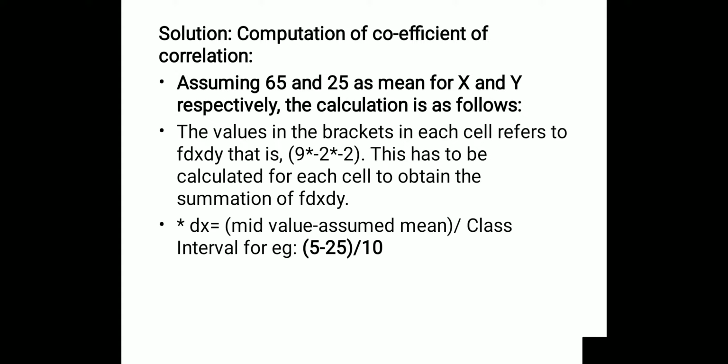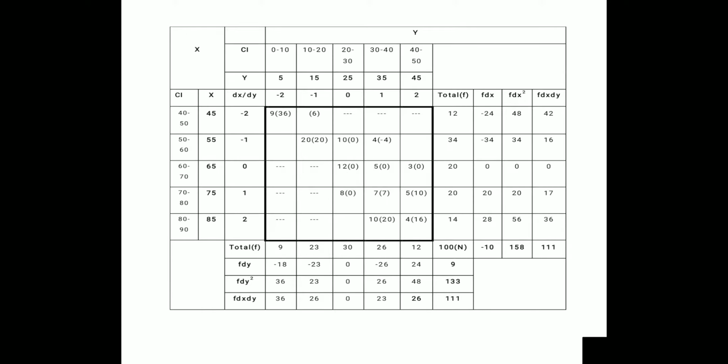And dx values here refers to, as this is a continuous series, the mid value minus assumed mean divided by class interval, that is x minus x bar divided by i, that will give us the value of dx. Now let us look into the solution part.